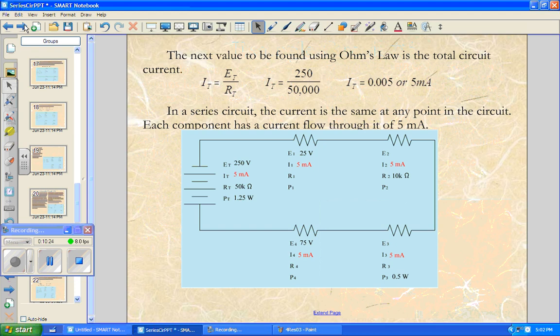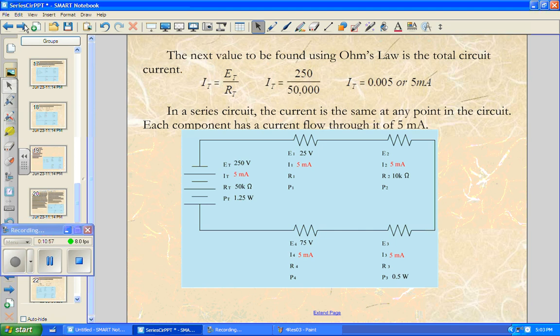Well, we know that current is voltage divided by resistance, and we have those two totals over here. We have voltage total and we have the resistance total, right? So we can divide that, we find our 5 milliamps, which is 0.005 amps, and 25 divided by 0.005 will give us the resistance for resistor 1.